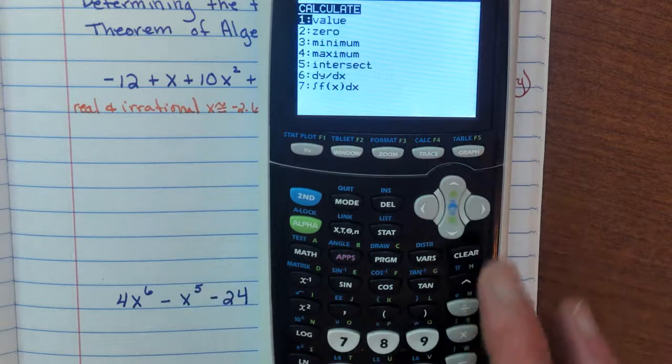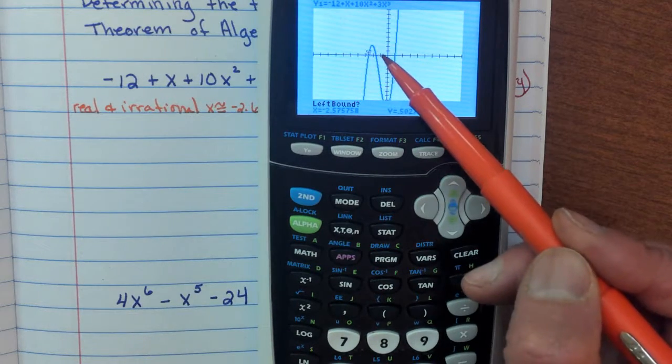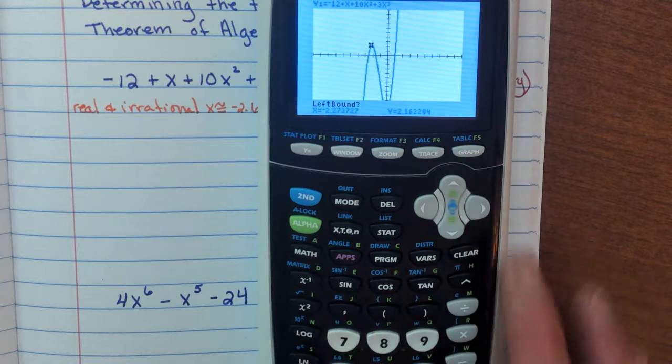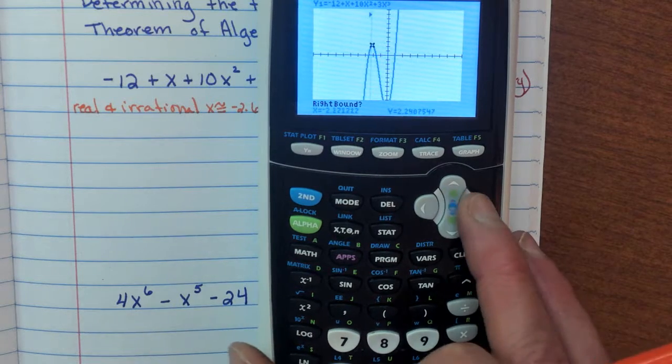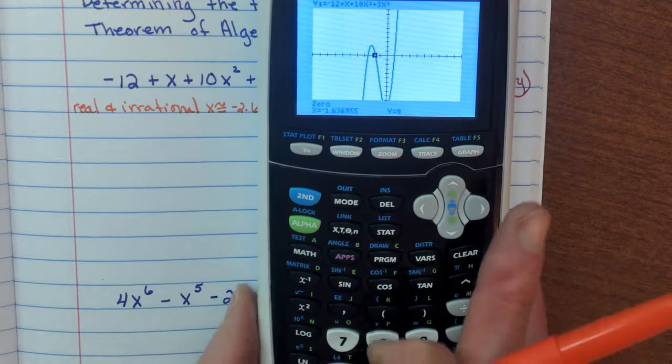Second trace, I'm going to find my 0. I want to be to the left of the second one, so I'm just going to go up. That's to the left. Then I'm going to move to the right. So this one here is also irrational.